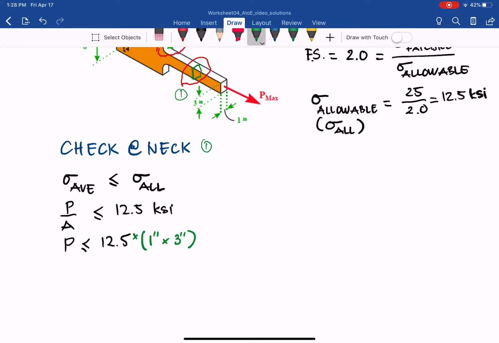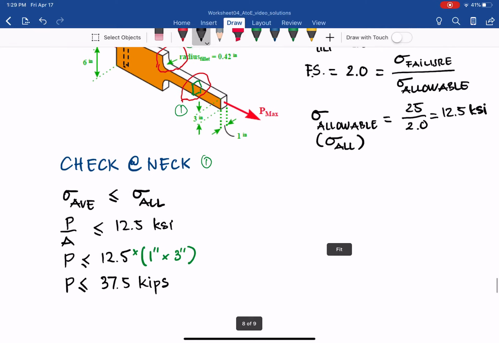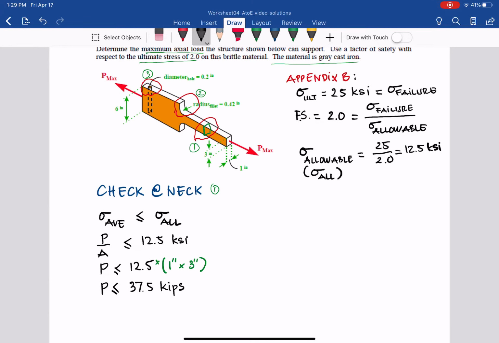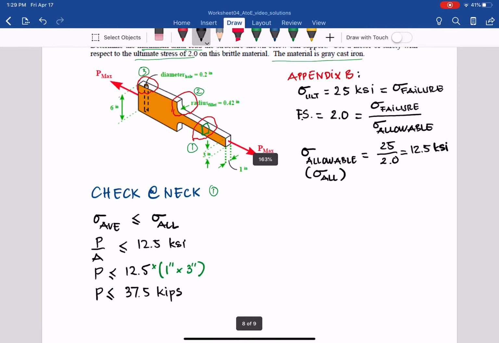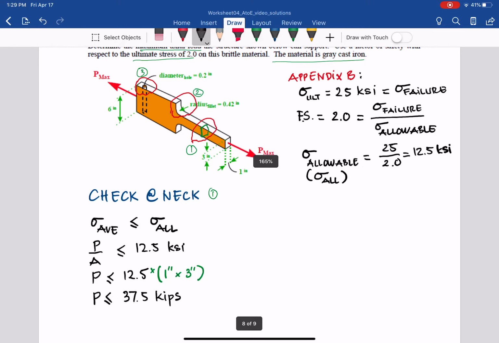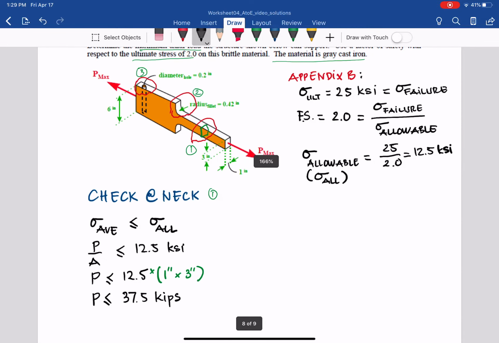From that, P is less than or equal to 37.5 kips. What does that mean? To sustain the load for this given size of gray cast iron, the load P must not exceed 37.5 kips. Otherwise, the neck will break.